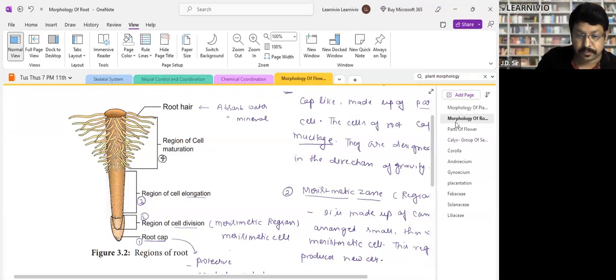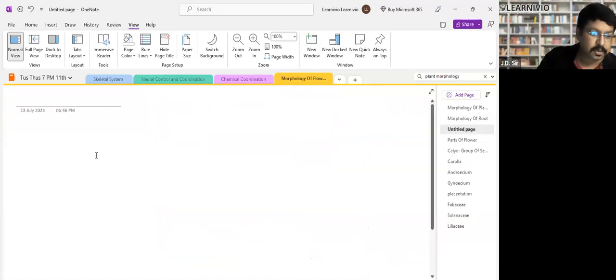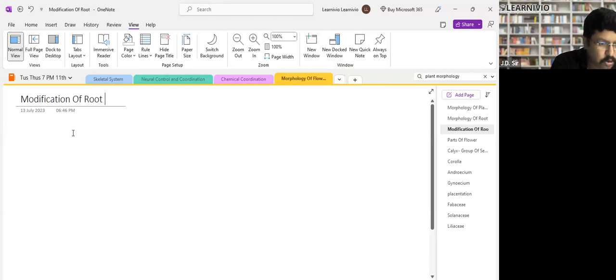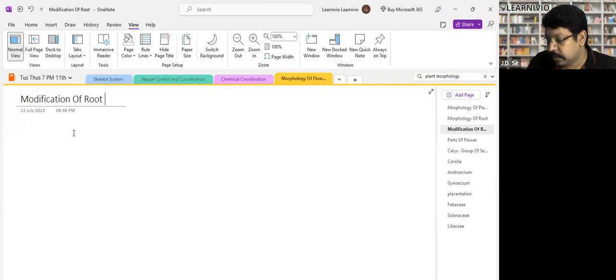So let me write it down. The next part is modification of the root. So there are certain root modifications, right? So nematophores are given, and what else? Rhizophora is given.